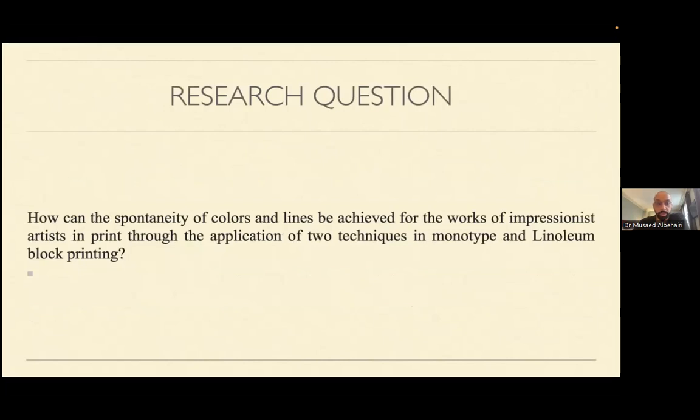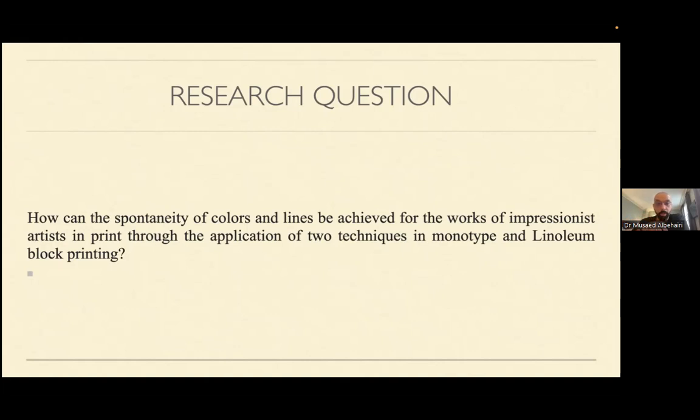The research question: how can the spontaneity, and by spontaneity I mean making everything direct. Don't make it very rough and very accurate. Make it direct, I mean the lines and the drawing and transferring the original work to the art process that we are doing here.